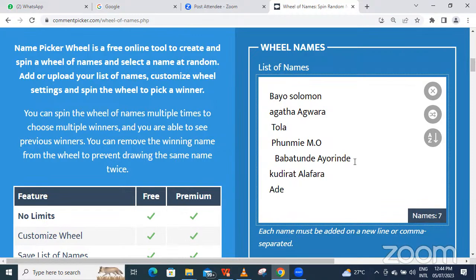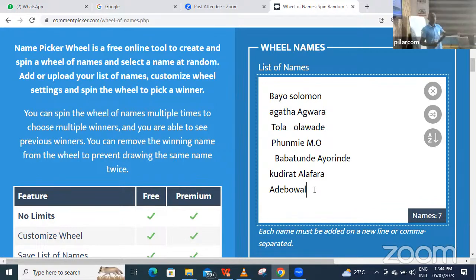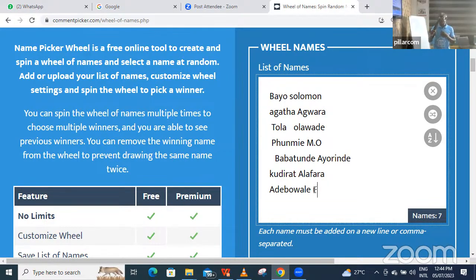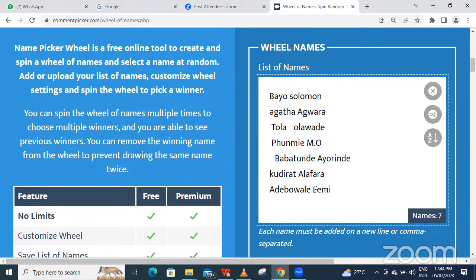Please, for my name, Tola, please put the surname, Tola Olawade. Yes, Zoom chatting. My name is not there. What's your name, please? Bello Temitope.